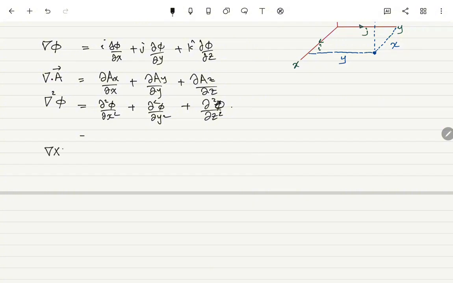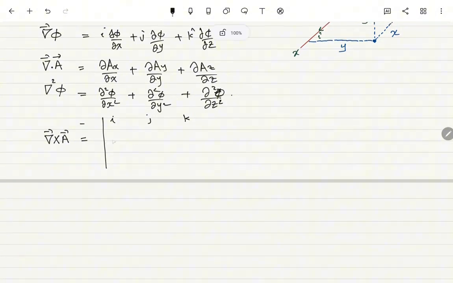Now for the curl, you open a determinant. The first row is the unit vectors i, j, k. The second row is the components of the del operator, partial partial x, partial partial y, partial partial z, and the third row is Ax, Ay, Az.